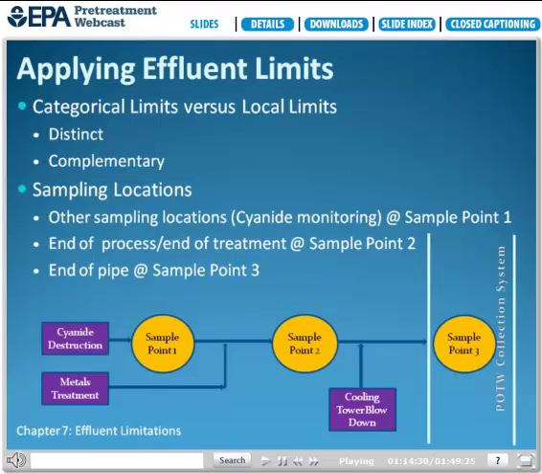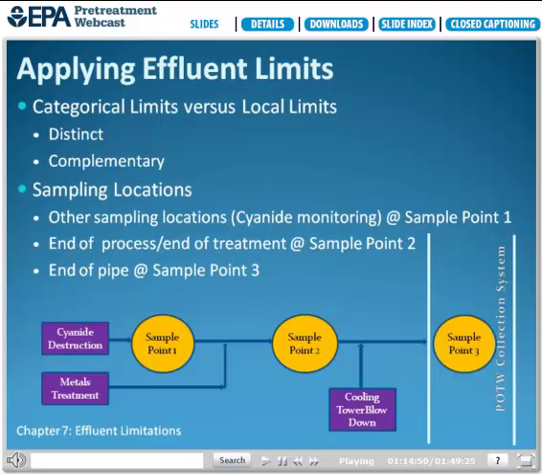Sample point 2 is where the categorical industrial regulations apply. A permit can contain a mixture of categorical pretreatment standards and local limits.